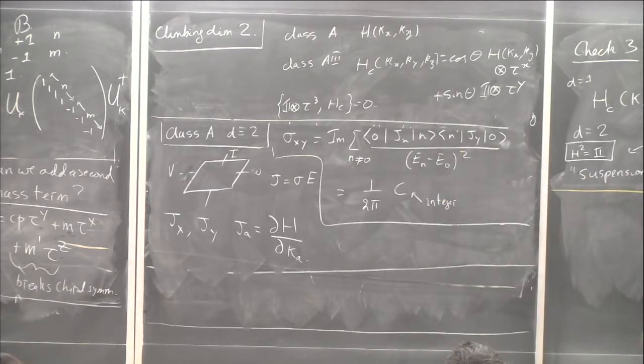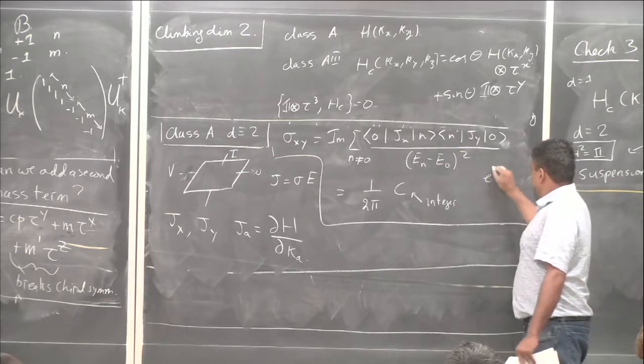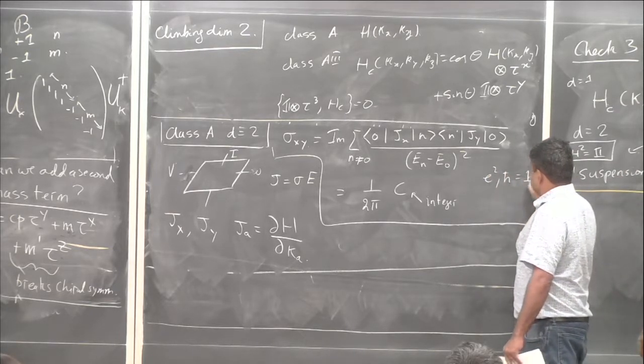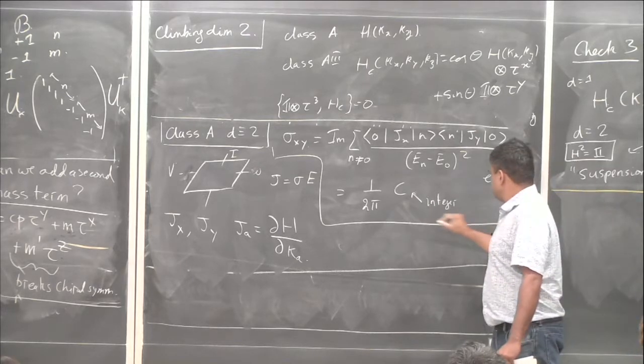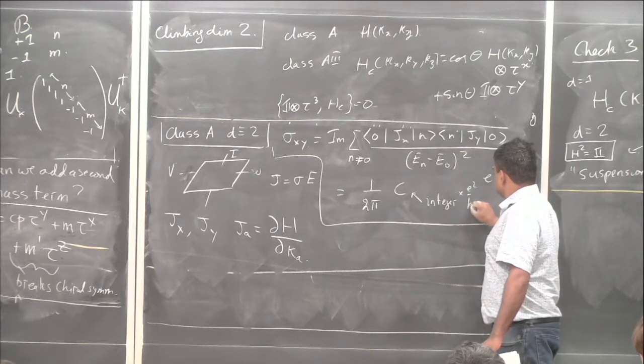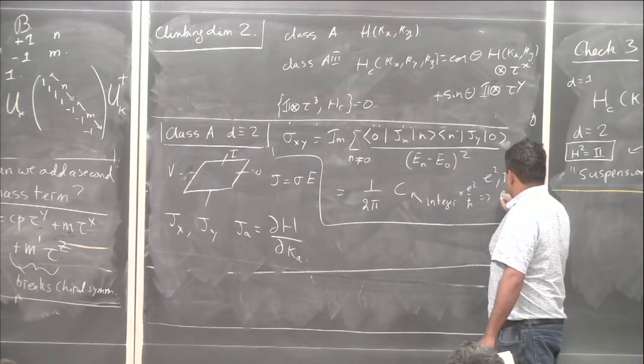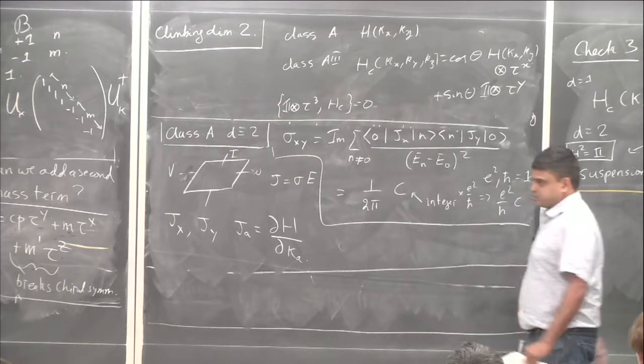Okay, this 1/2 pi is because we're working in units where e squared and h bar are set equal to 1. So if you multiply by e squared over h bar, this will give you e squared over h times this Chern number.